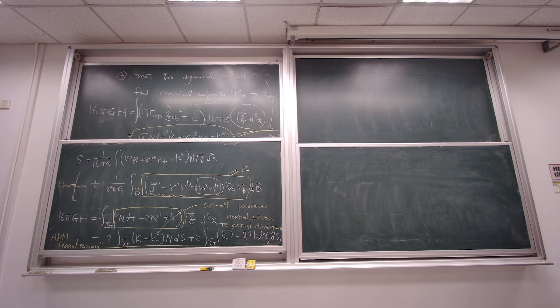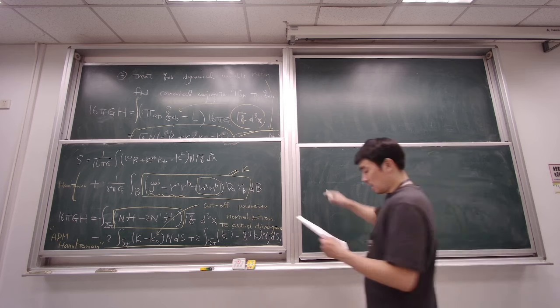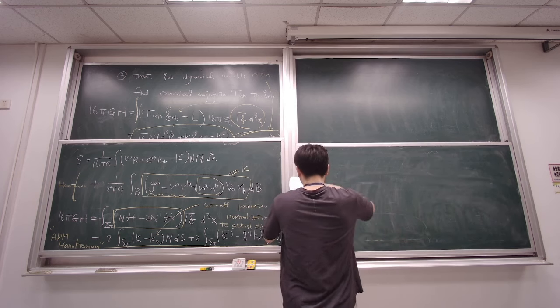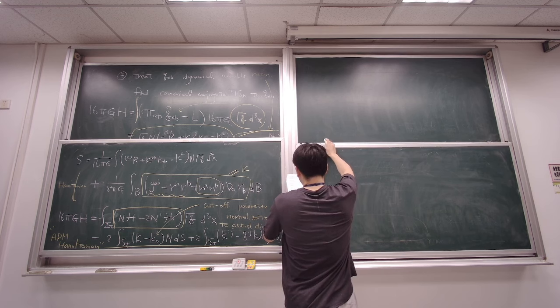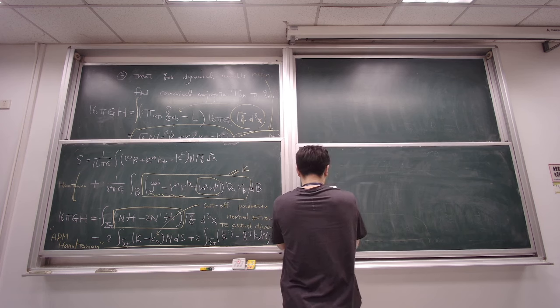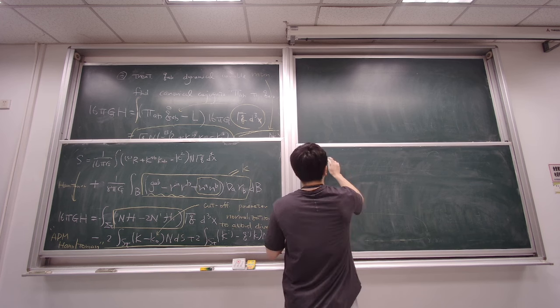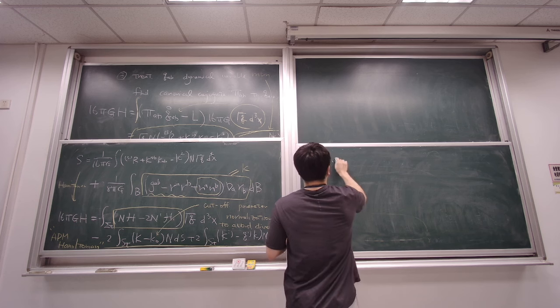I can do Kerr too. Okay, let me do the calculation. For instance, what we have is that, let's see, what should I do? Let's consider the following metric, q_ij.